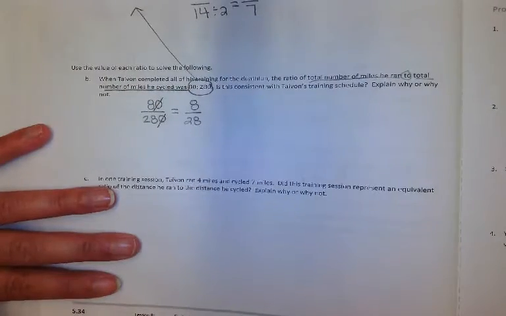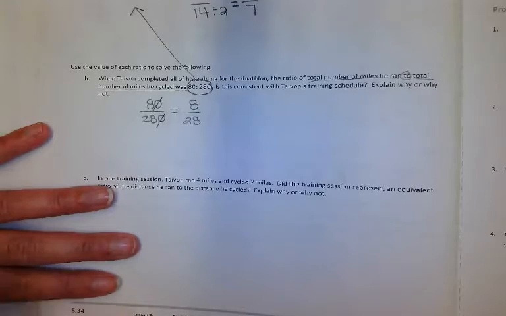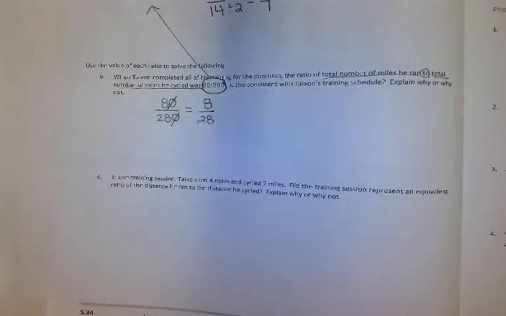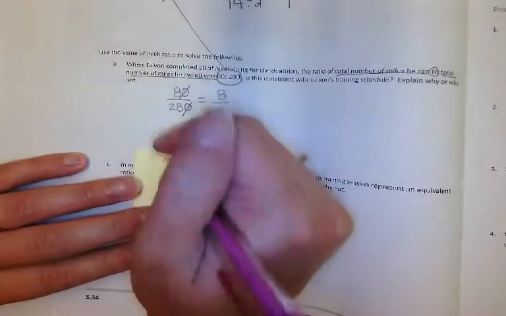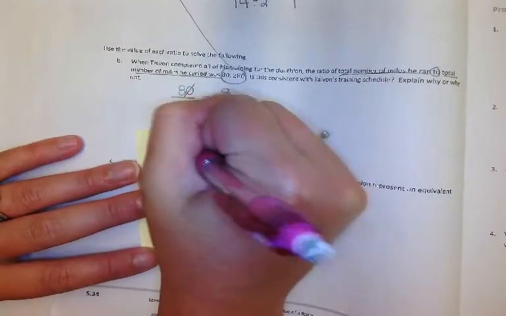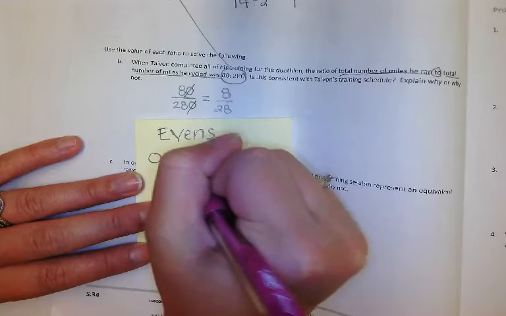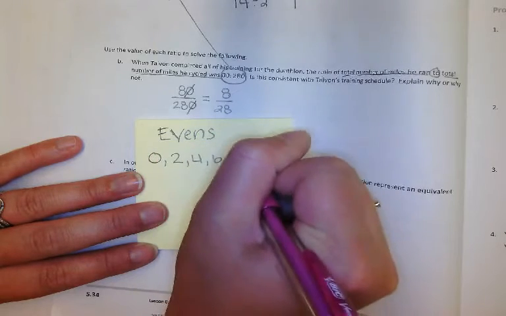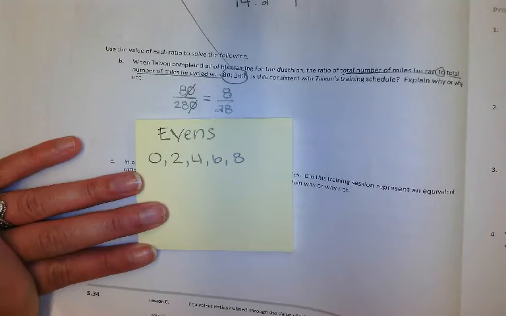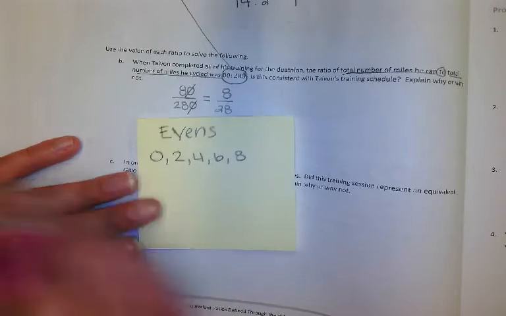Now it's not simplified all the way, because right away I see in my head, oh, these two are even. So if you're like, I have no clue what she means by even, okay? We need to know what evens are. Evens are any number that ends in 0, 2, 4, 6, or 8. Those are even numbers. If when I count by 2s, I get to that number, it's even.